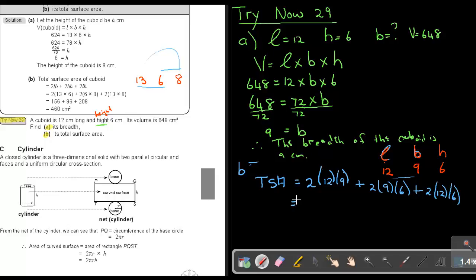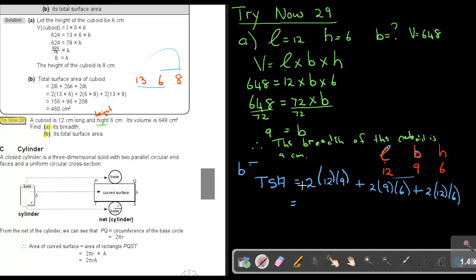Okay. And then basically, just coming to the final answer, let's see the total surface area of this one. Let's just use our calculator to get that one.